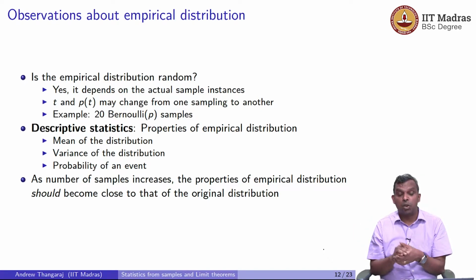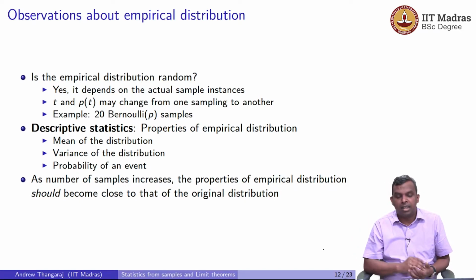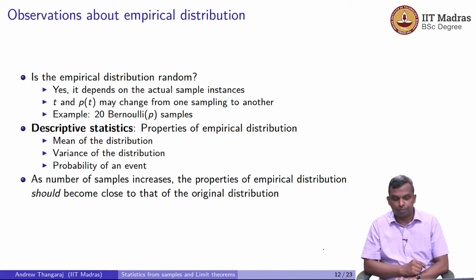If this were to happen, that is a good thing, isn't it? You have a way of going from the samples to computing the empirical distribution, computing the descriptive statistics, and if that is connected to the underlying distribution in a very clear theoretical way, that would be a good thing, and that is what we are going to hope to do.